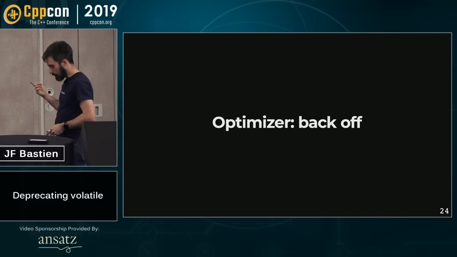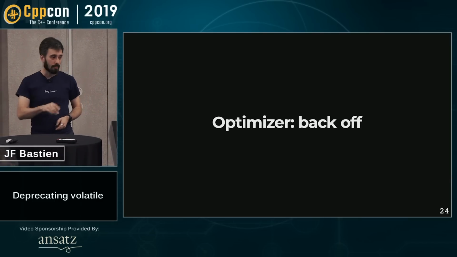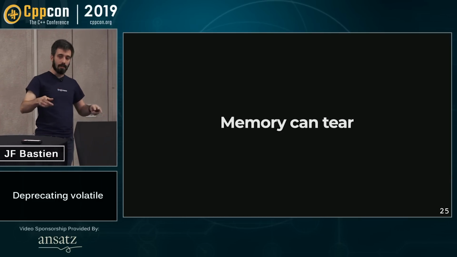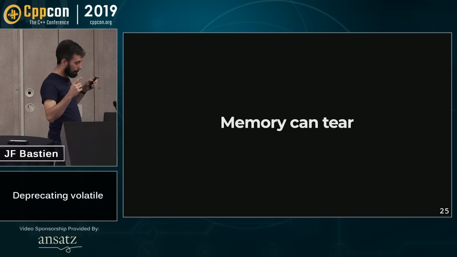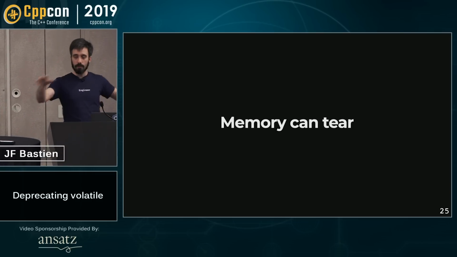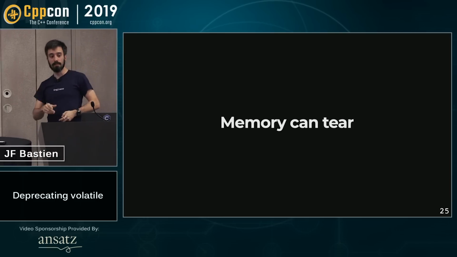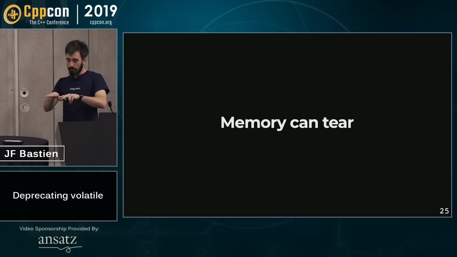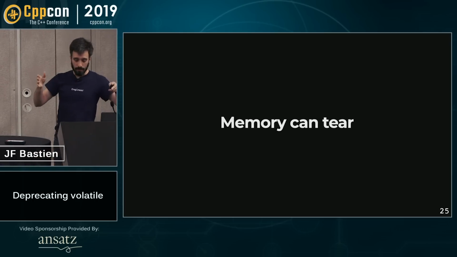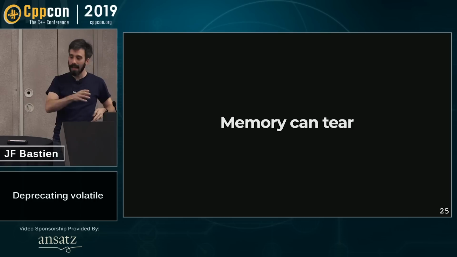Now, one thing that not everyone realizes about volatile is that memory can tear. What I mean by that is you do a store and another thread reads it, or an interrupt happens while you're doing the store. It is allowed with volatile in every case that the store doesn't occur in one full piece; you observe half of the store.